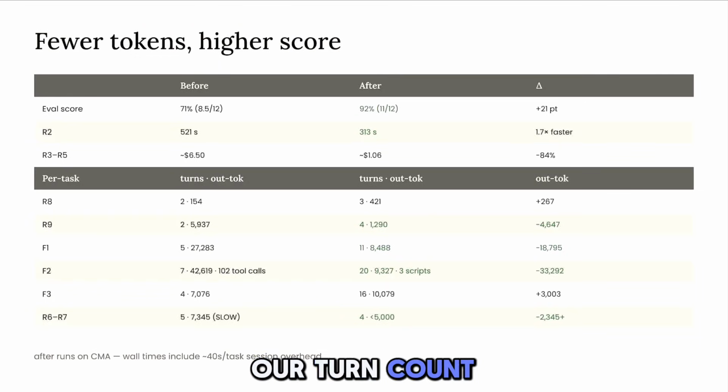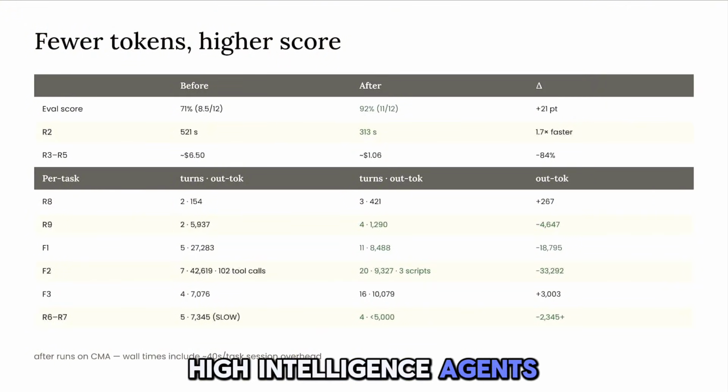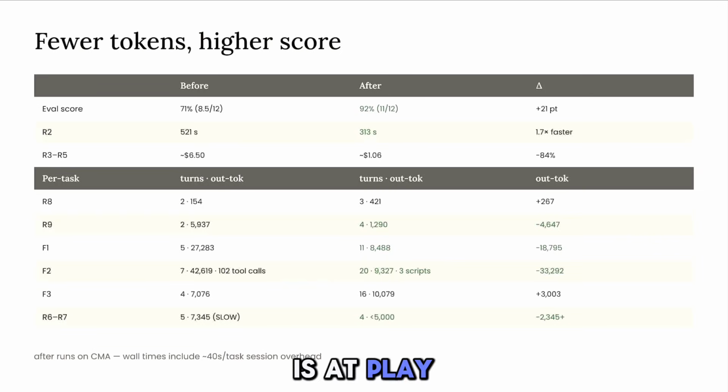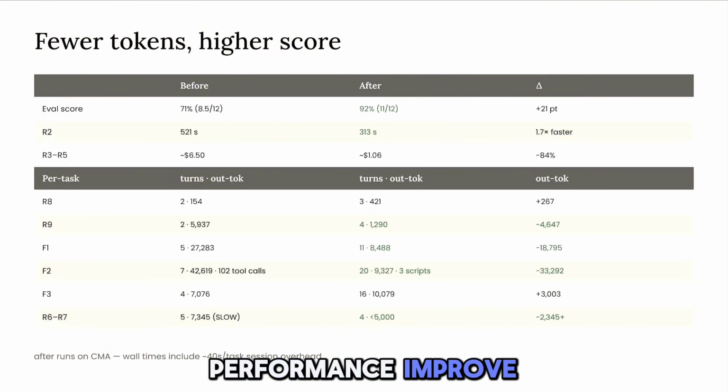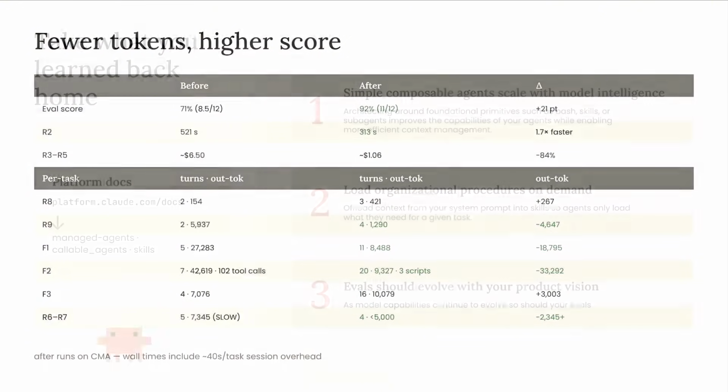Our turn count is remaining about the same, but because the token usage and the cost is going down, I'm okay with Claude taking more turns. There are some cases where we'll see the latency not drop as much as you would expect, but for some of these more sophisticated high intelligence agents where forecasting is at play, I'm willing to take a little bit higher latency at the expense of seeing my performance improve and my costs go down.